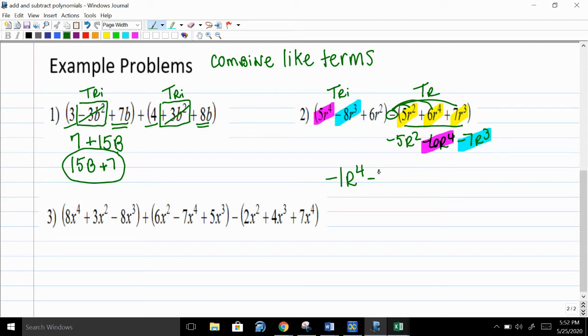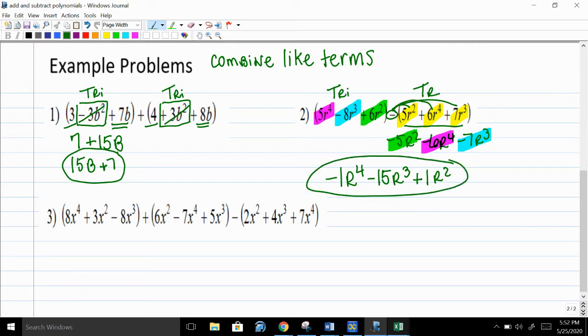That's going to be negative 15r to the third. And then last but not least, you have a positive 6r squared minus 5r squared, which is going to be positive 1r squared. My answer is in descending order. So you're done.